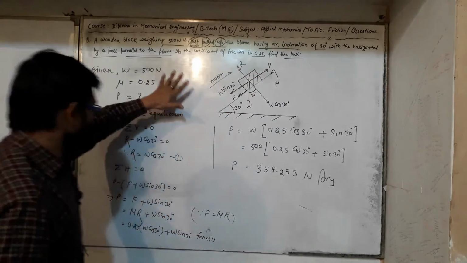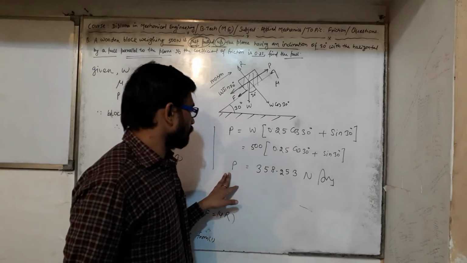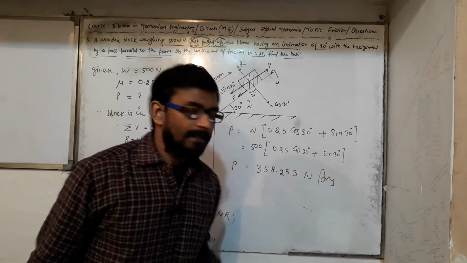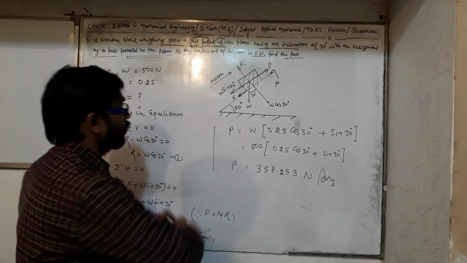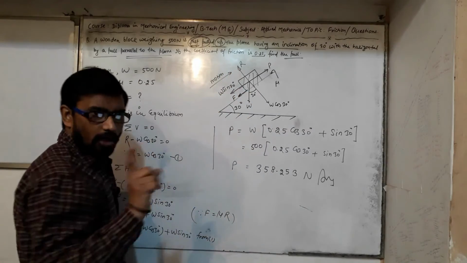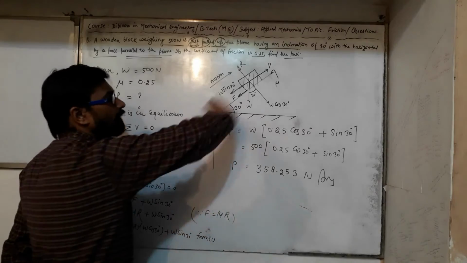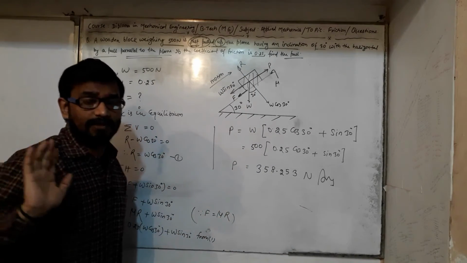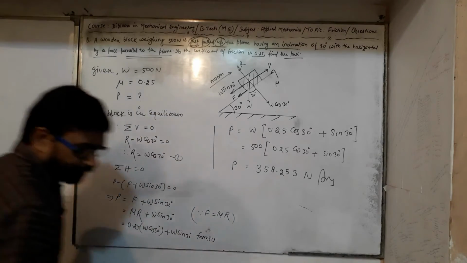Find the pull. This is the way we got the pull, P equals 358.253 Newton. If you apply this amount of force, the body is about to move but not actually moving. Some little more force is required to move it up. This is the case of limiting friction. So I hope, my dear students, it is very clear.